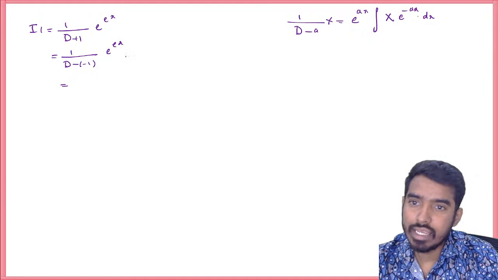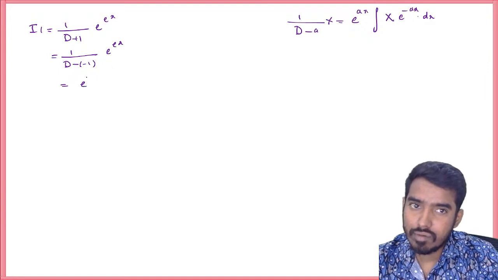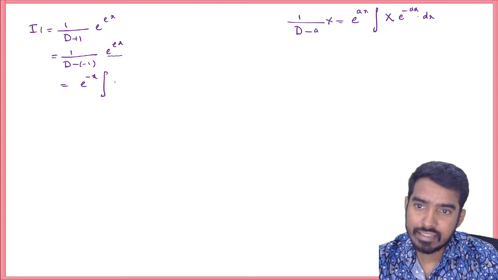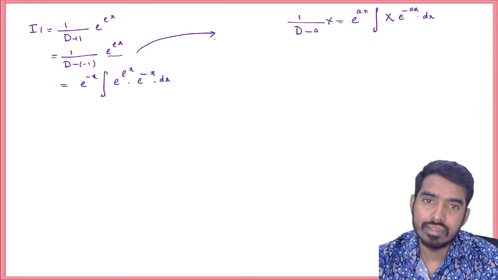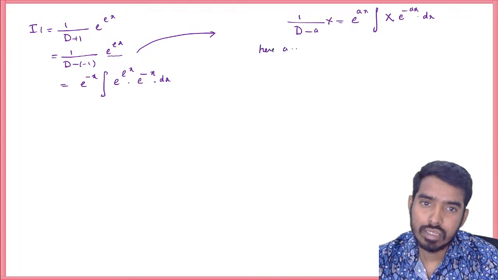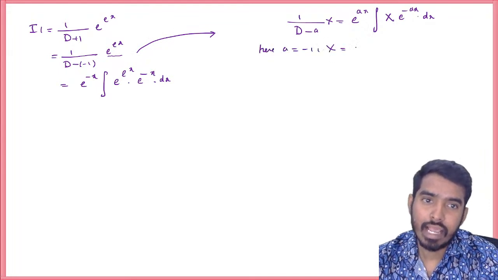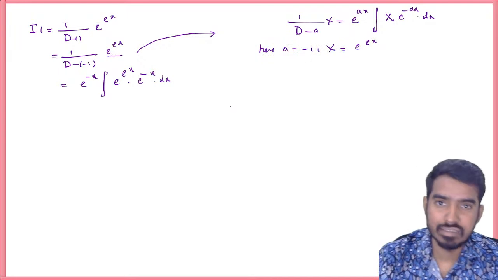This is what, a is minus 1, right? E power minus x integration of this your capital X e power x into e power minus ax dx. Just compare with this. Here a is minus 1, capital X is e power x, right?